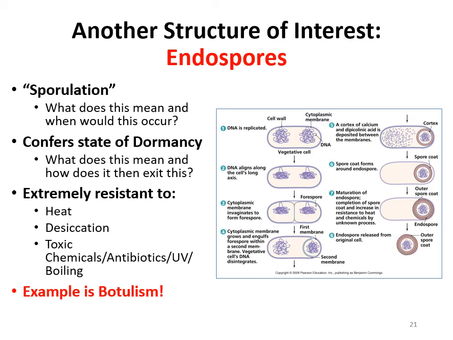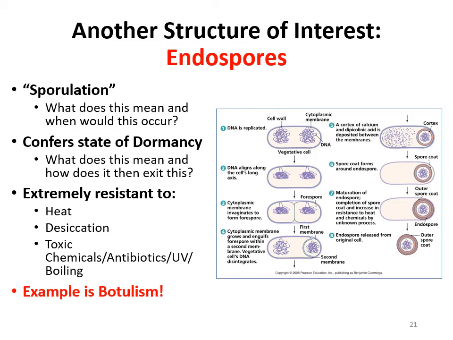Okay? This protects them from the outside environment, which at the moment is very unfavorable to them, either due to things like very high heat or toxic chemicals or UV, etc. So in this protective endospore, they are now highly, highly resistant.